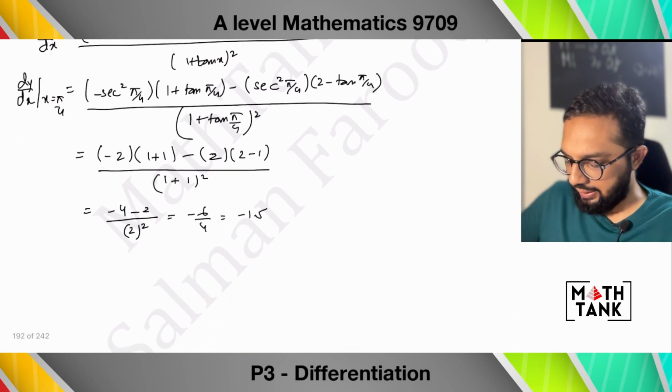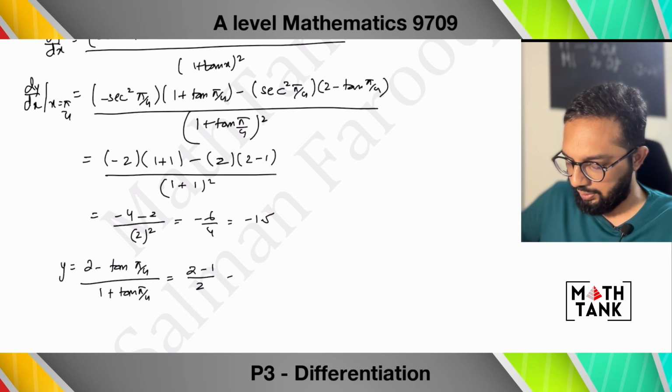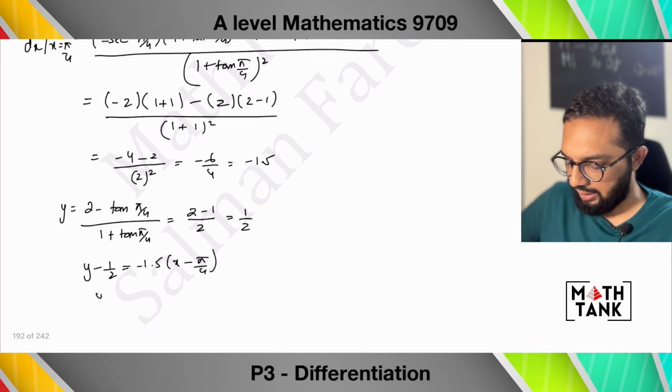I want to calculate the equation of the tangent, so I need the y coordinate as well. 2 minus tan pi over 4 over 1 plus tan pi over 4. So that gives me 2 minus 1 over 2, which is half. So y minus y1 equals m times x minus x1. So I get y equals minus 1.5x plus 1.5 pi over 4 plus half.